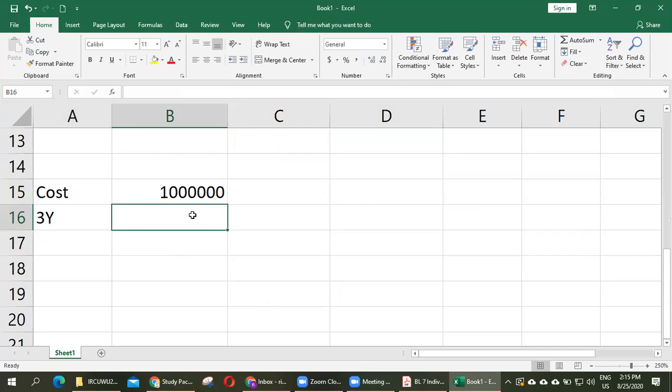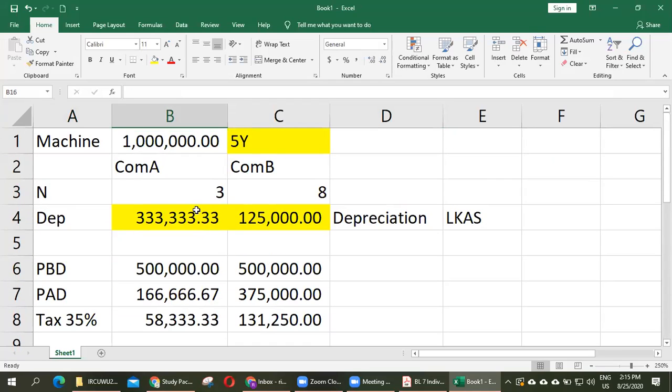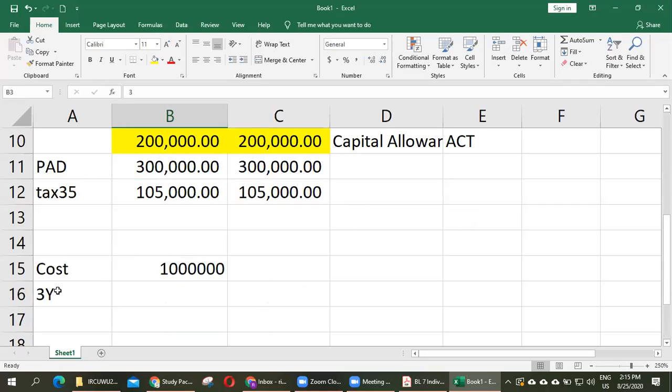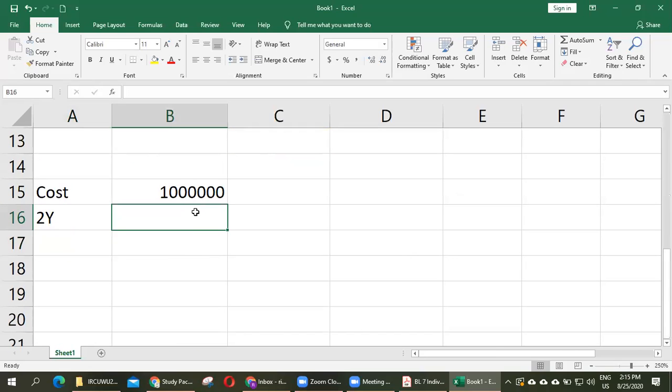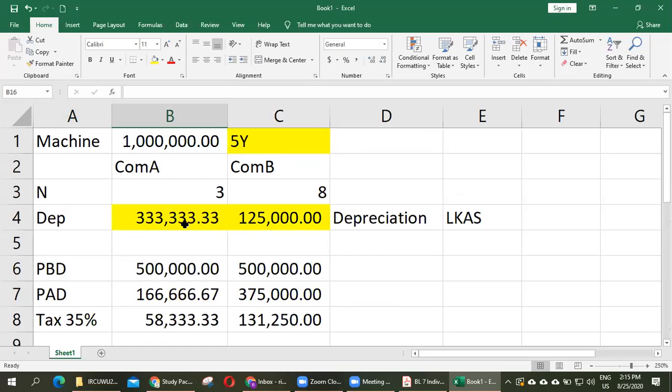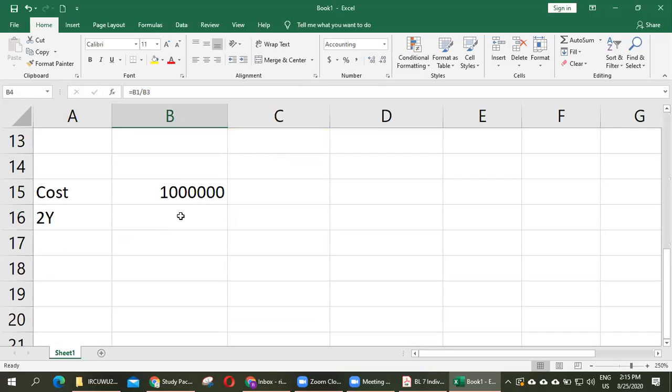How much accounting depreciation? No, don't take 3 years, take 2 years. How much depreciation per year? This value for 2 years. How much?